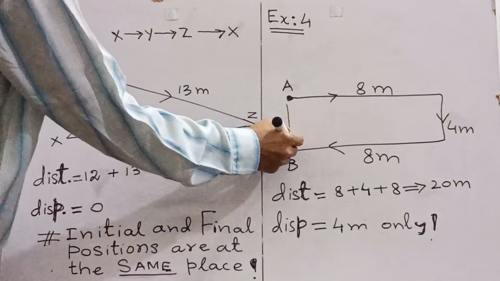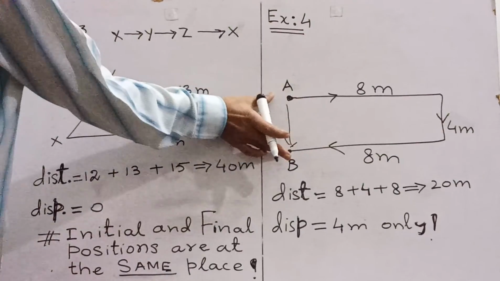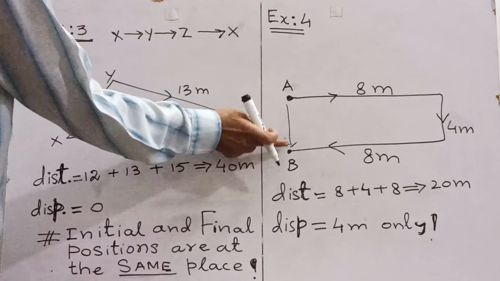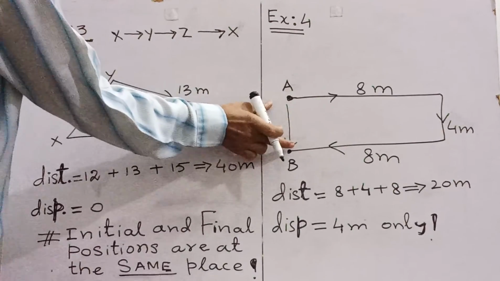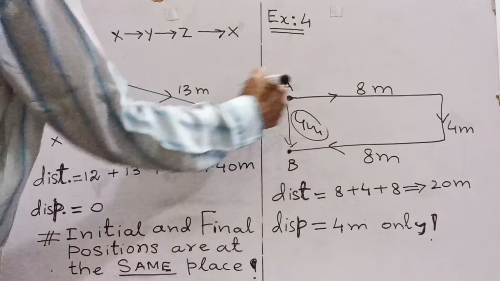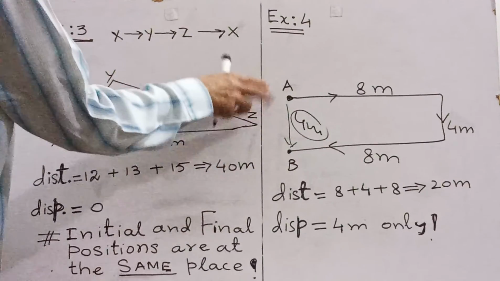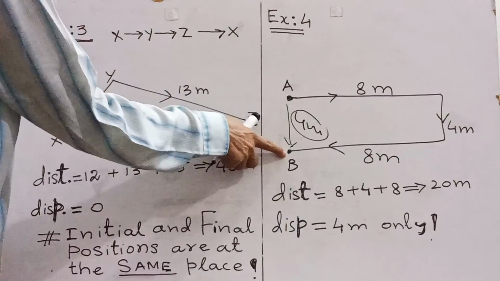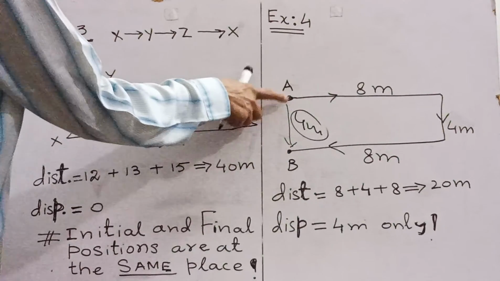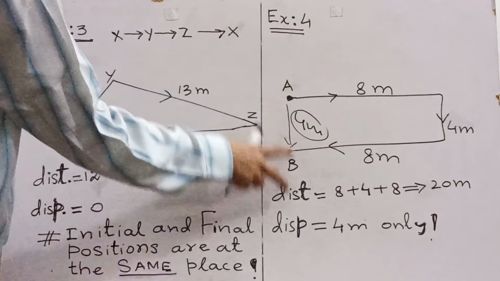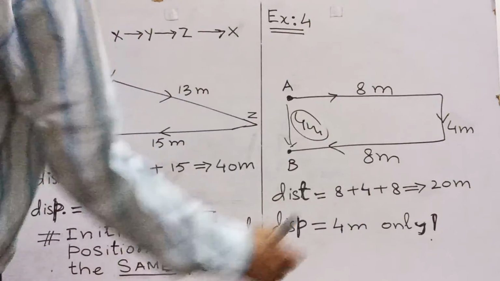So this is the shortest or straight line distance, and this distance is 4 meter. Hence the displacement is 4 meter.